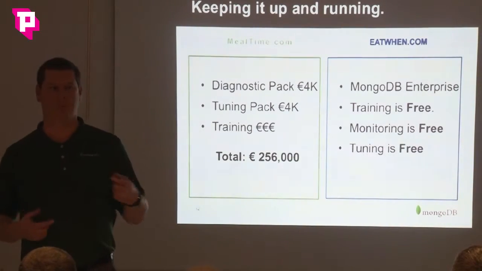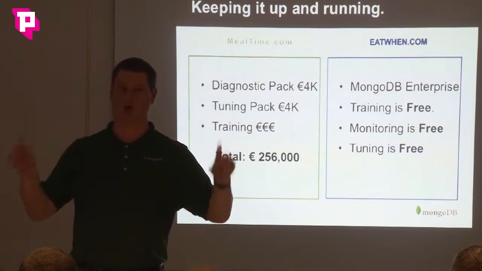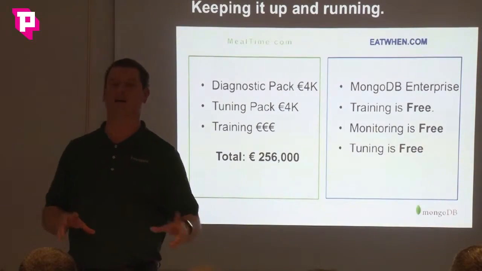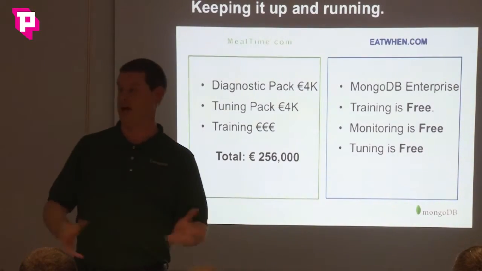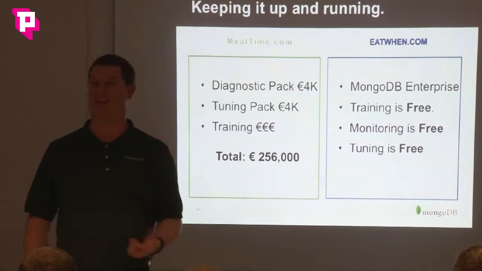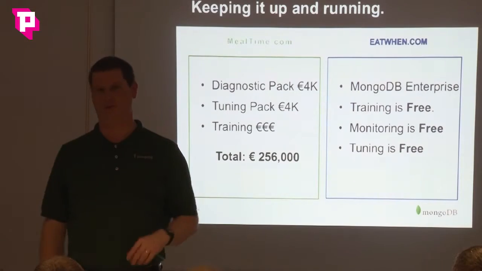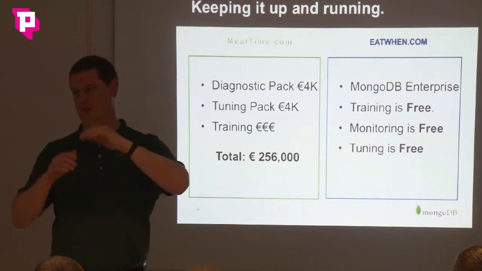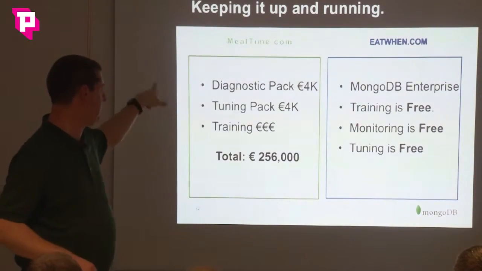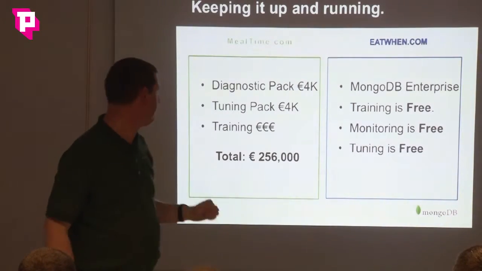We have a thing called MongoDB Monitoring Service, which is an online service. The online version of it is available to everybody right now. You start up a MongoDB instance, point this thing at it, and it gives you nice graphs, charts, alerts, sends you emails, tells you when your page faults have gone above a certain level. All the great stuff that you get in the diagnostic and tuning packs from Oracle.